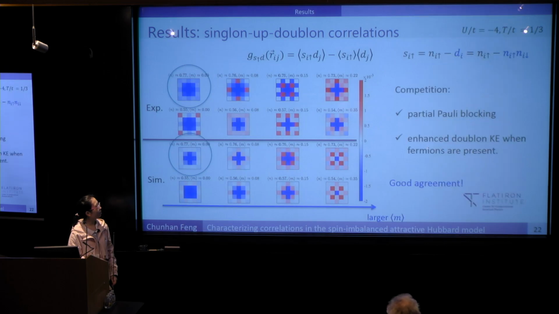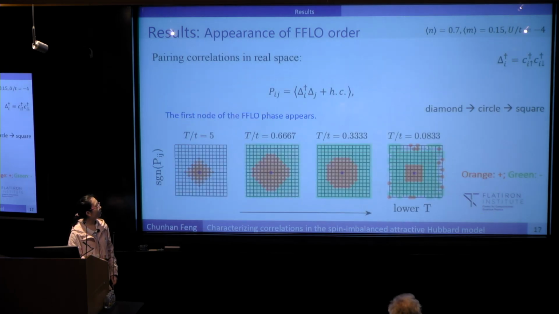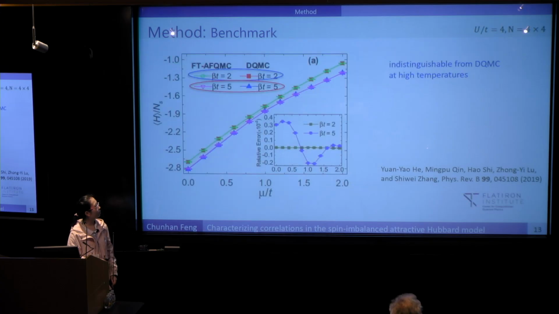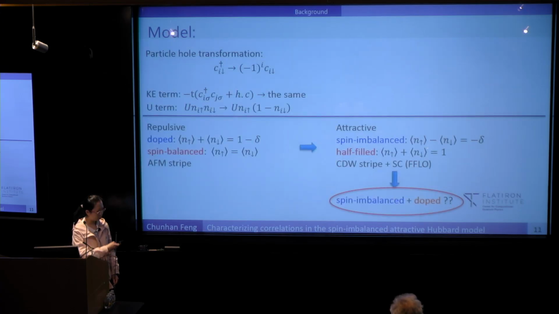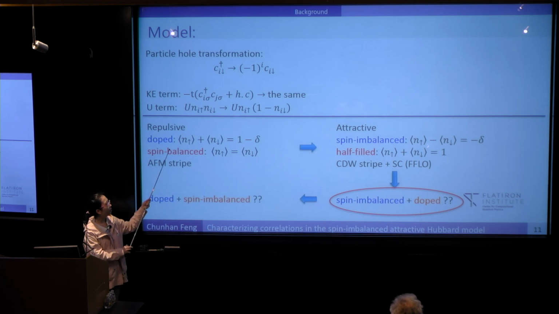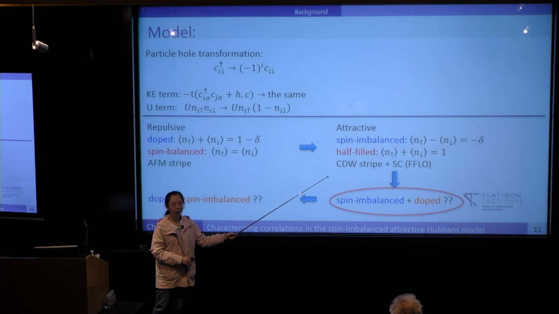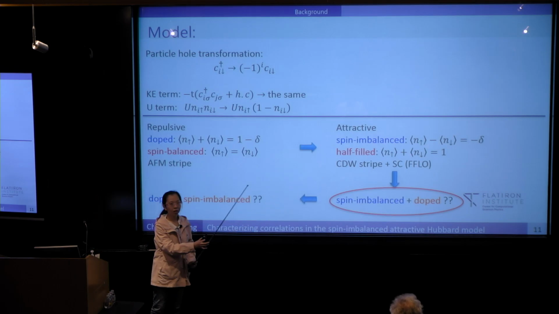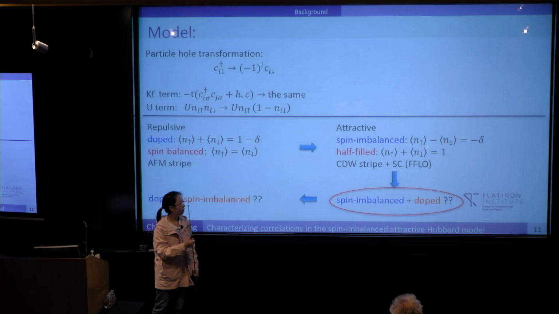The only difference, as I mentioned in several slides before, is that in the literature, most of the studies still focus on just the doped, spin-balanced case in the repulsive one. That will correspond to the spin-imbalanced and half-filled case. But if you are spin-imbalanced and away from half filling, that should be the very difficult region in the positive U side, which has sign problems and everything.